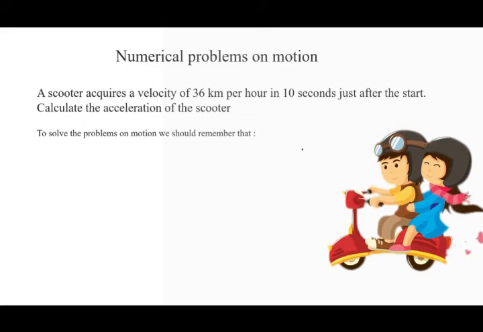That means what is the initial velocity? Initial velocity will be 0, right? So remember, if a body starts from rest, then immediately you should write down in the given content that u is equal to 0. u stands for initial velocity.